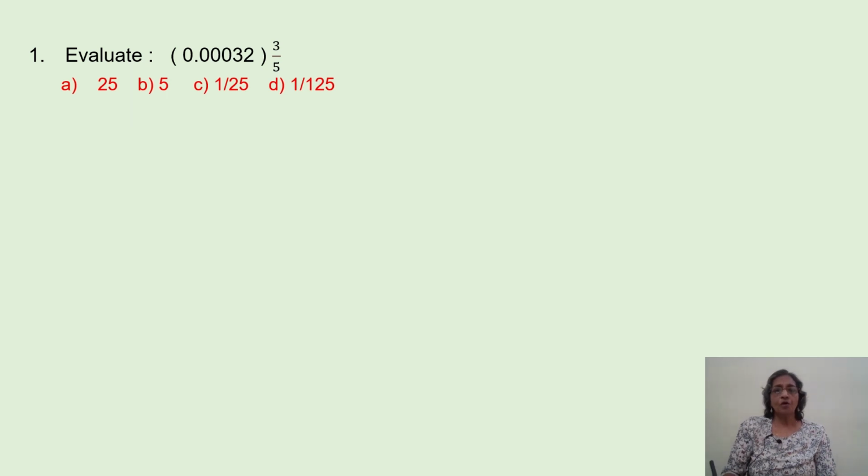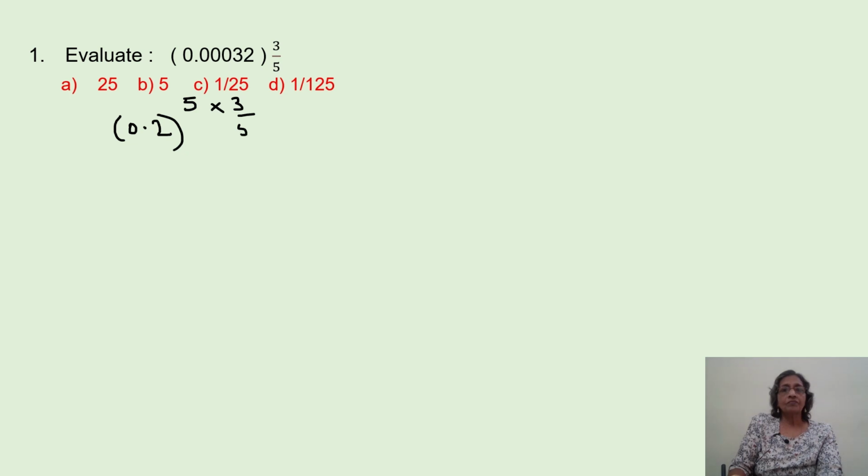Now coming to our problems that we are going to solve using these. Simple problems are there. What is given to me, I can write as 0.2 the whole thing raised to 5, and then it is multiplied by 3 upon 5 in the index number.